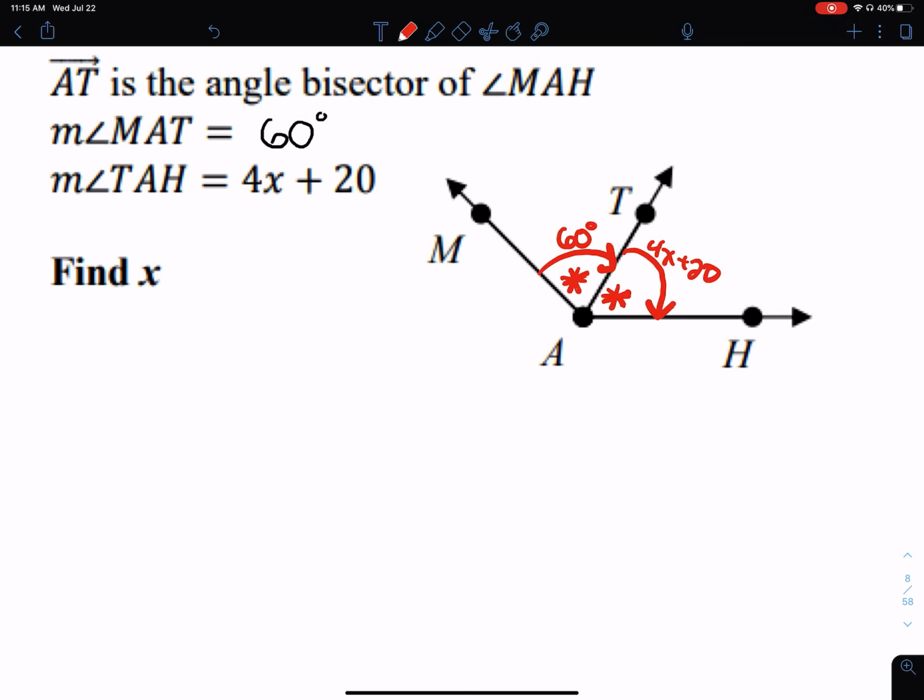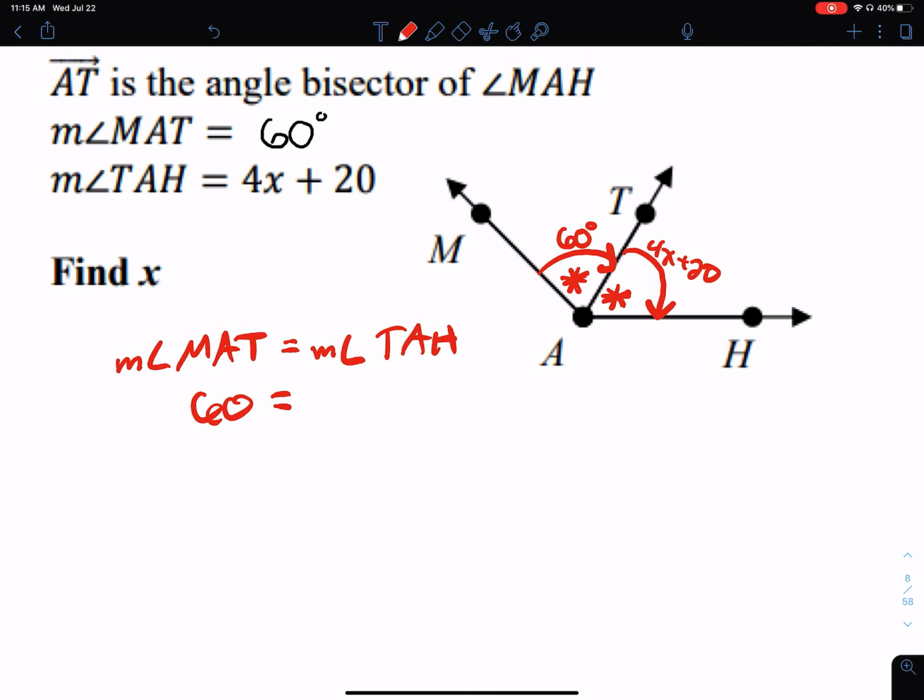According to the definition of congruent angles, since these two angles are congruent, it means their measures are equal: the measure of angle MAT is going to equal the measure of angle TAB. Now we know from our picture the measure of angle MAT is 60 degrees. You don't have to put the degrees in.